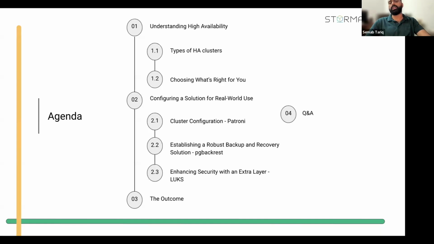And then we are going to see what is the best highly available cluster for your businesses or mission critical applications. And then we are going to see how we actually help our customers to implement a real world highly available solution with the help of Patroni, pgBackRest for backups and recovery, and LUKS for encryption of data at rest. And then finally, there will be a question and answer session as well.